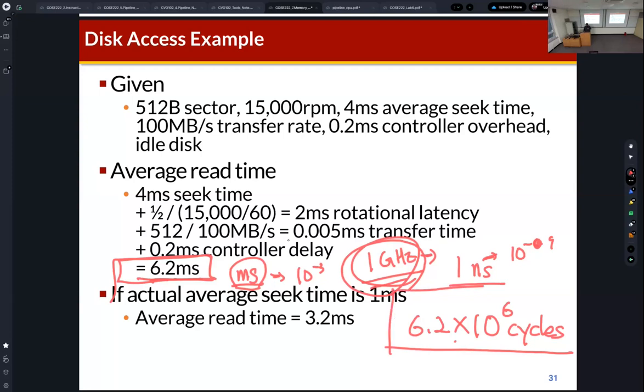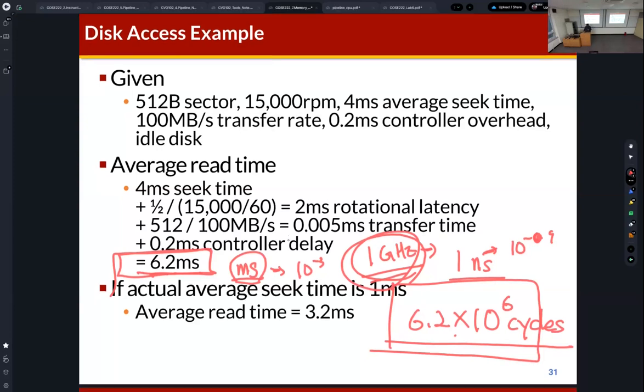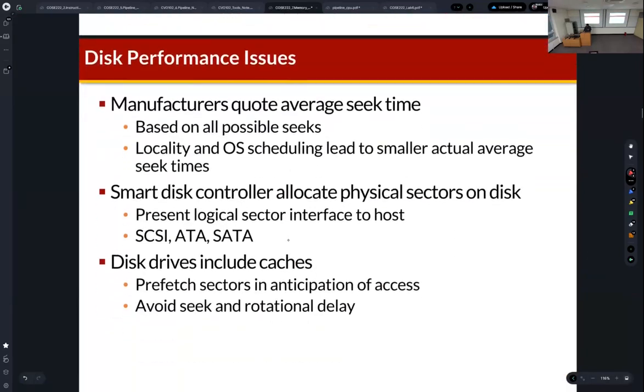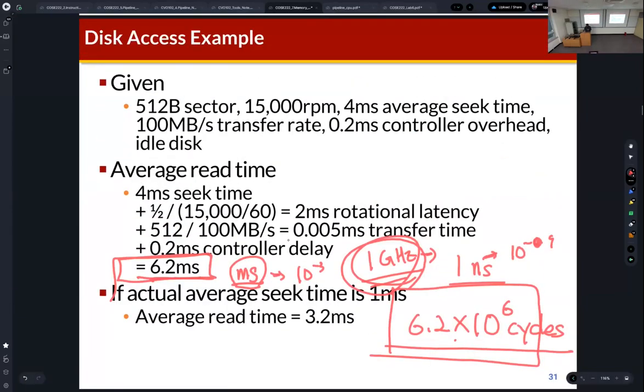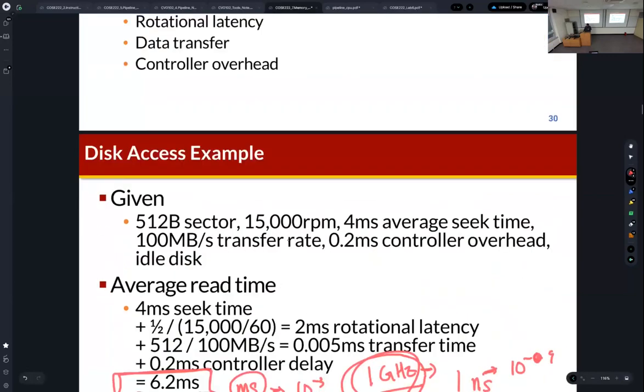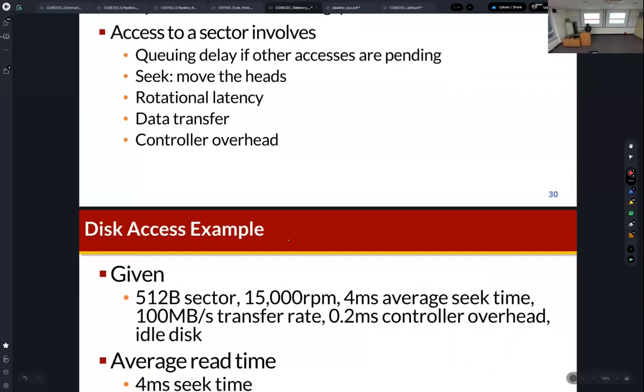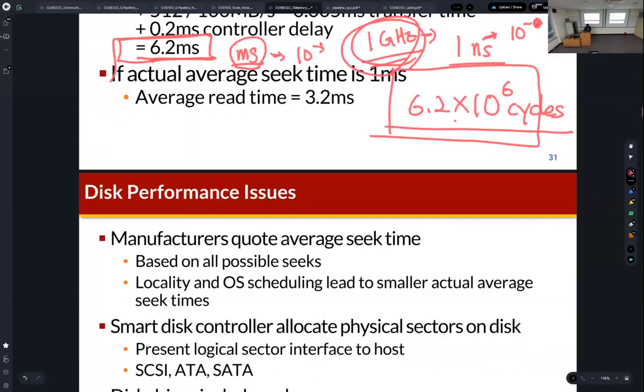Very large number. Okay, so it's extremely slow. So I hope you can understand various memory technologies.